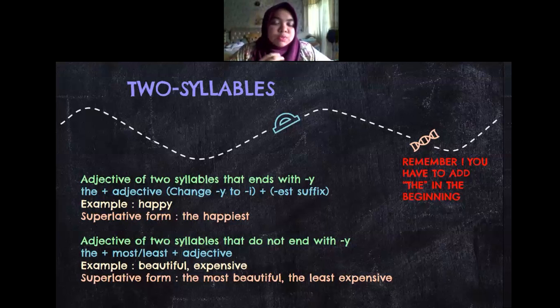The superlative form can be made by adding the word "most" or "least". For example, beautiful. The superlative form is "the most beautiful". For expensive, "the least expensive". So remember that if you want to make the superlative form for adjectives that do not end with y, you have to put "the most" or "the least". Next.